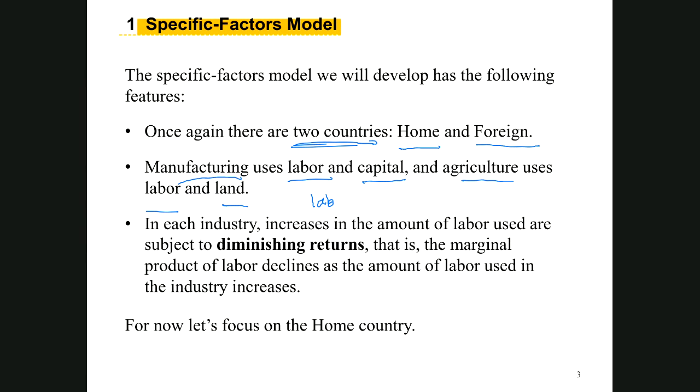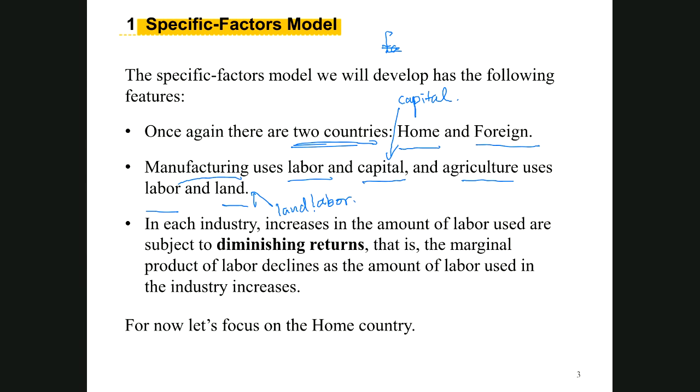And what is the name of this model telling us? The specific factor for the manufacturing sector is capital, right? And for the agricultural sector, the specific factor is land.